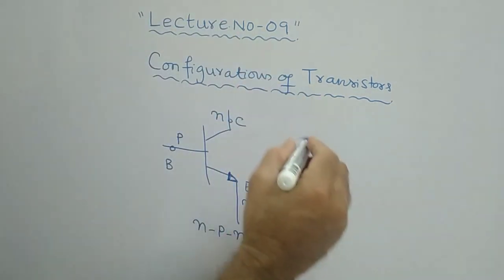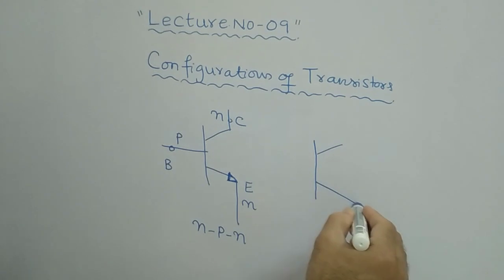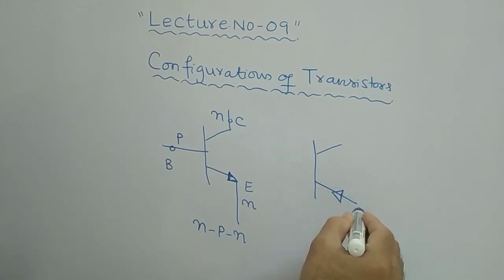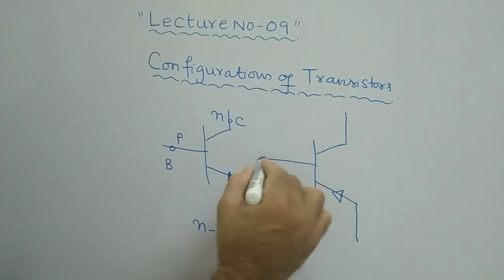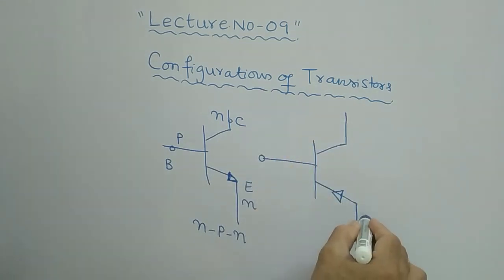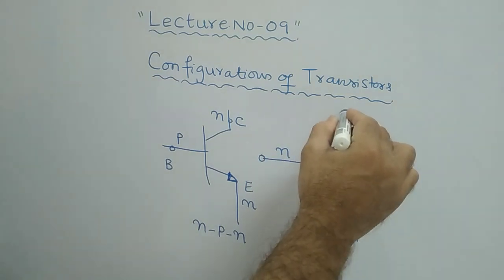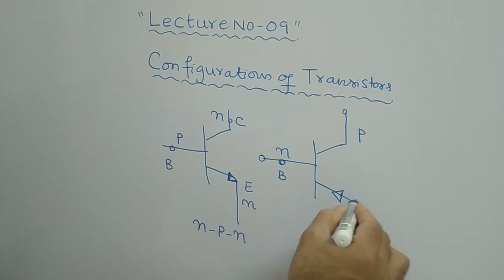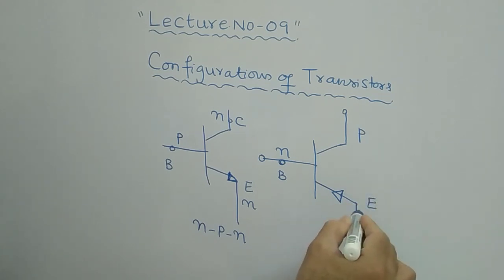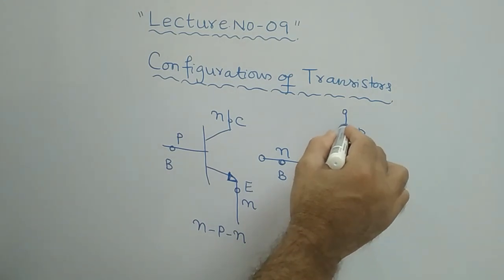And similarly, if you draw the PNP, you simply show the arrow mark in the reverse direction like this. So this is your PNP. This is your base terminal, this is your emitter terminal, and this is your collector terminal.